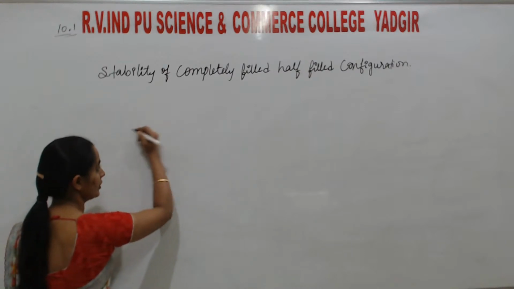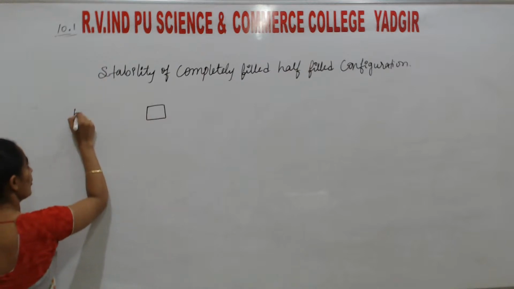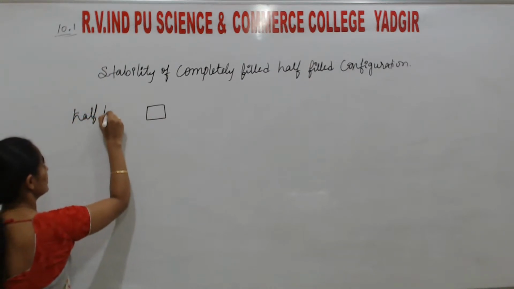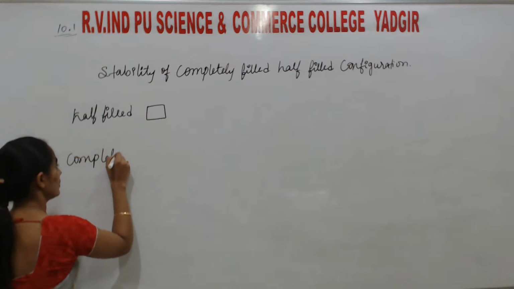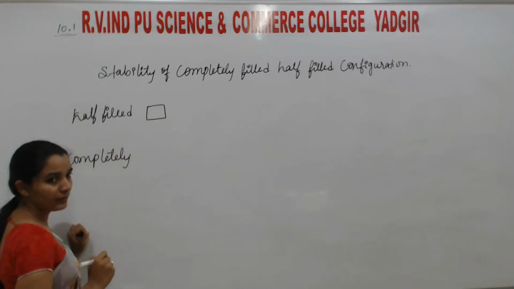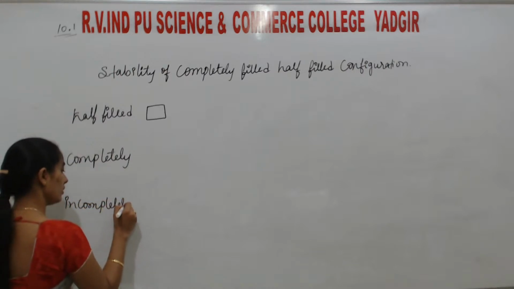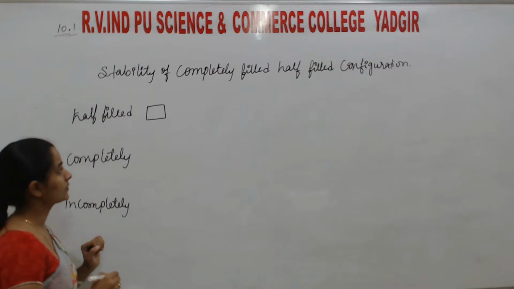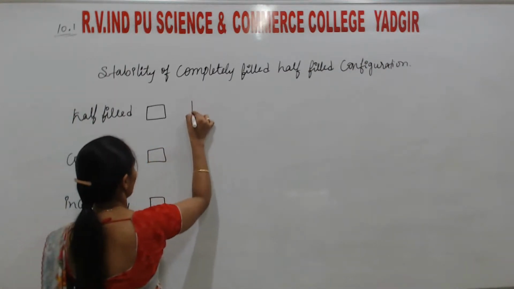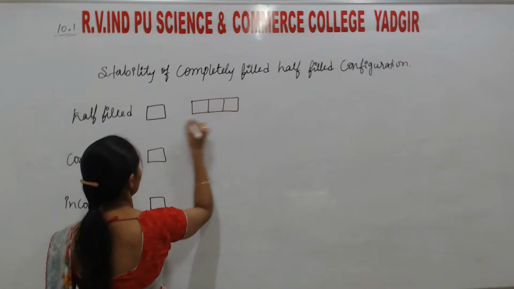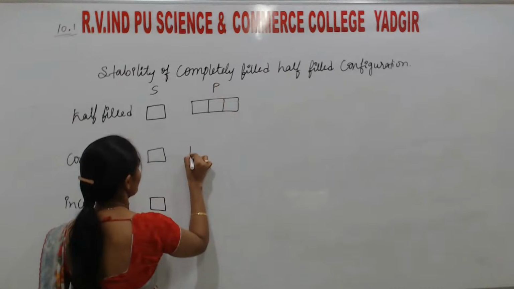Remember, completely filled means, if I take the s orbital, I'll write half-filled first, next completely filled, next incompletely filled. This is s orbital, this is p orbital.